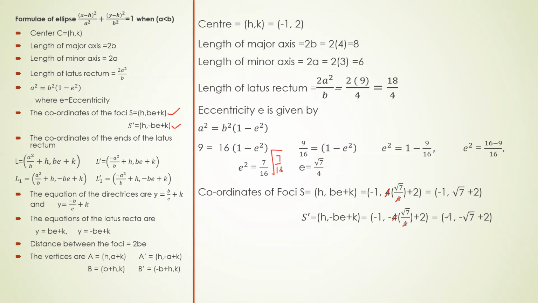So it will be minus 1, comma, minus root 7 plus 2. So this is how we are supposed to find the center, axes, latus rectum, eccentricity, and coordinates of the foci, if you remember these formulas.